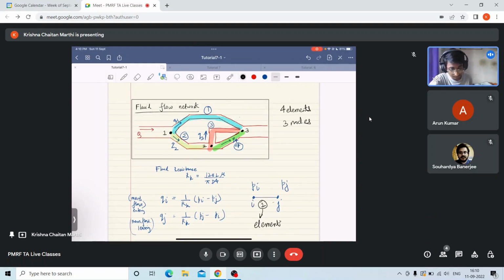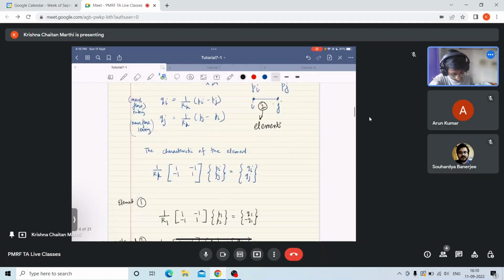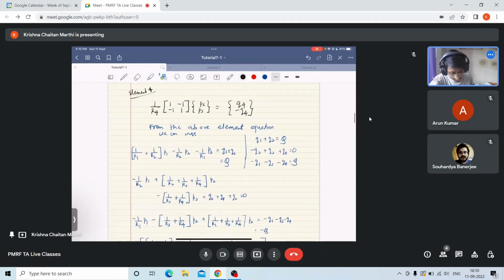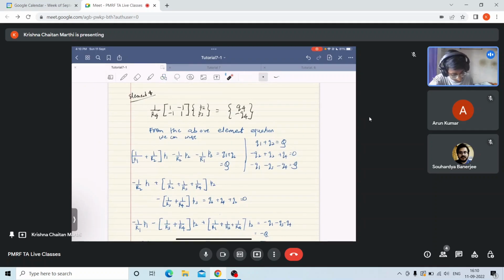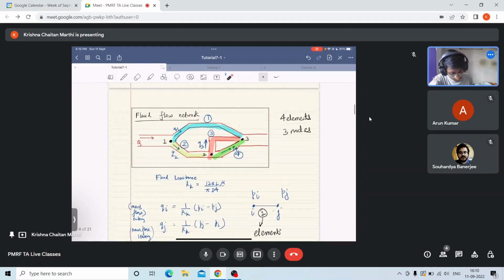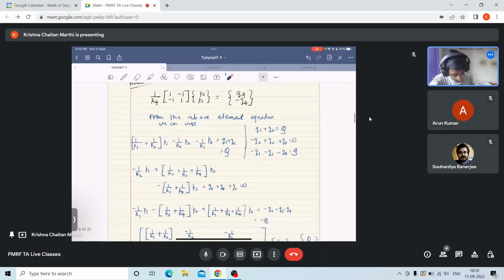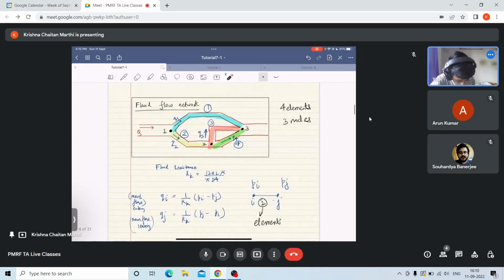So if I expand, from the above diagram I know that q1 plus q2 is equal to Q. And at this node, q2 is equal to q3 plus q4, or q3 plus q4 minus q2 equal to 0.